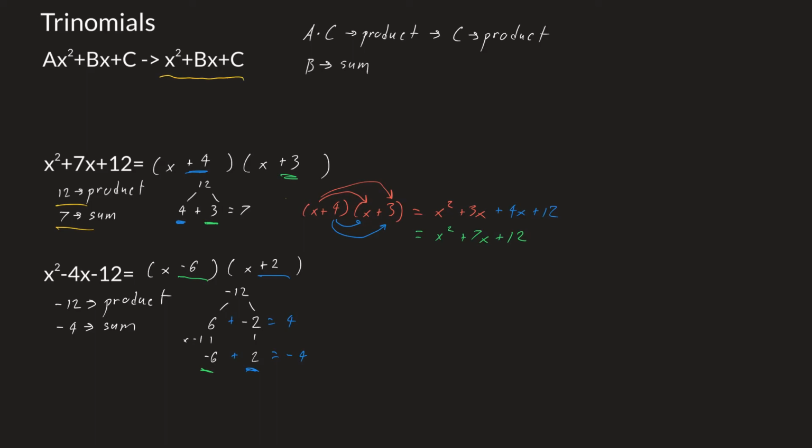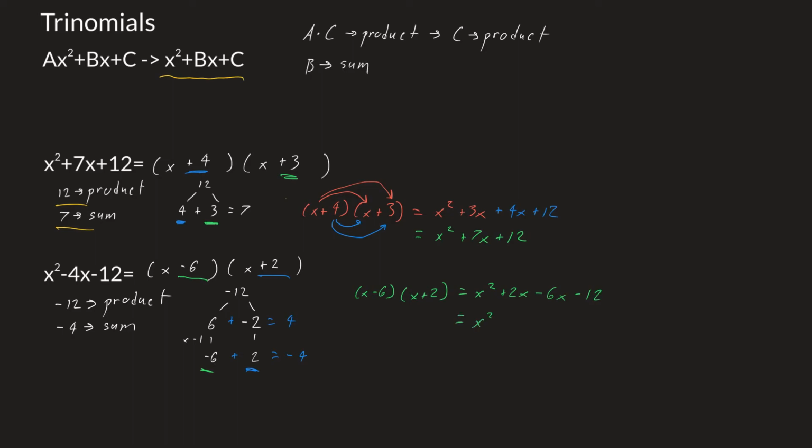And I guarantee you, if we distribute all that, we are going to get the starting expression. So again, that's x squared plus 2x minus 6x minus 12. Combine like terms.